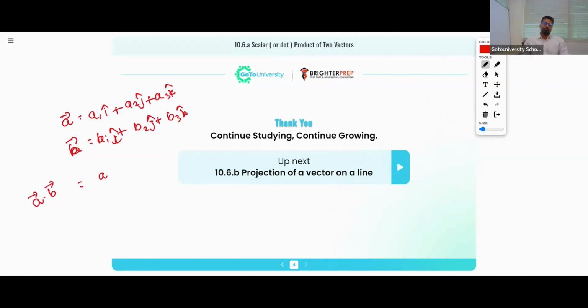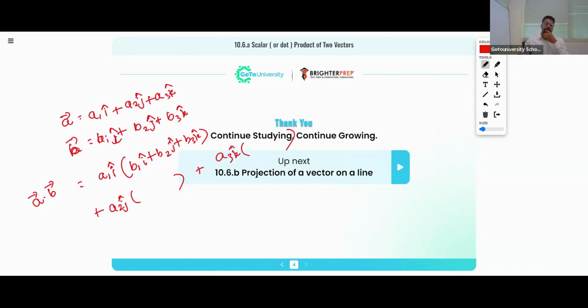A1 I is multiplied by B1 I plus B2 J plus B3 K. Similarly, A2 J is multiplied by all the parts, and then A3 K is also multiplied by all the parts.